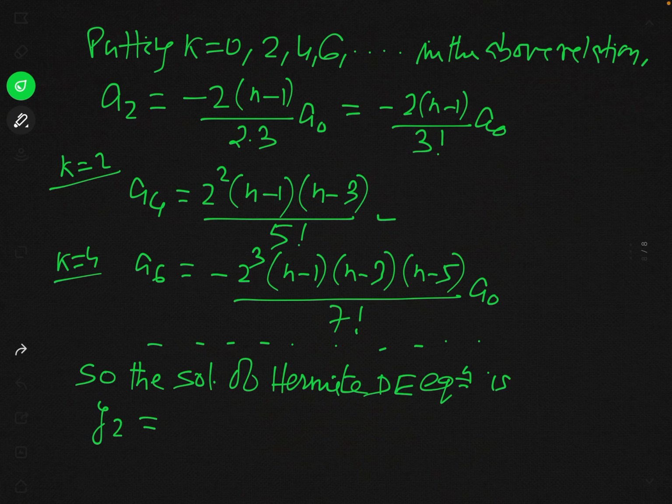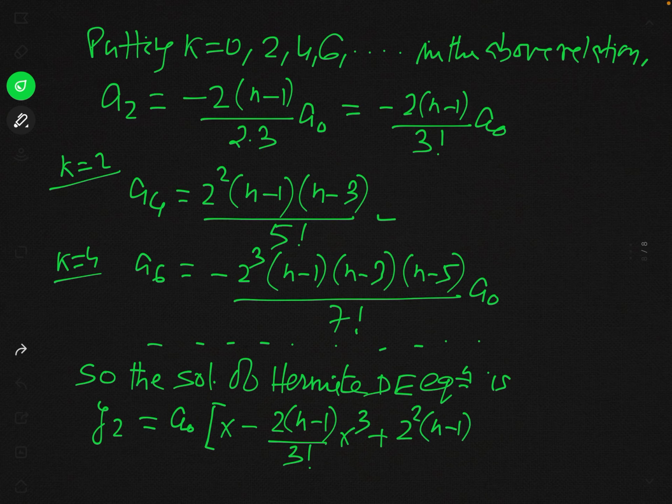In this condition, this will be a naught times x minus 2 times n minus 1 over 3 factorial x cube plus 2 square times n minus 1 times n minus 3 over 5 factorial x raised to the power 5 minus and so on.